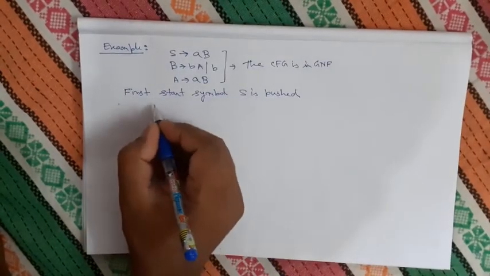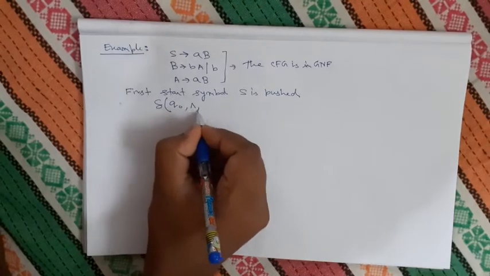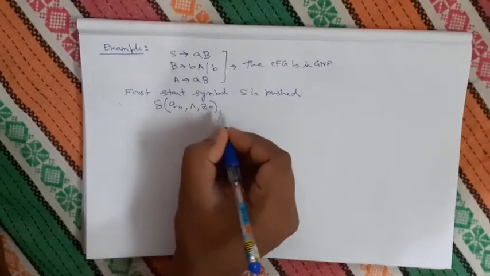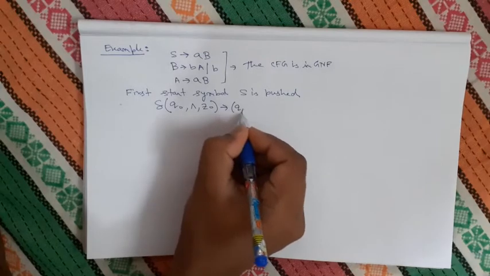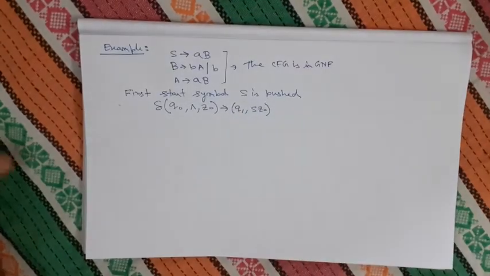So the transition function will be delta of q0, null, z0 tends to q1, S z0 as per step 2.